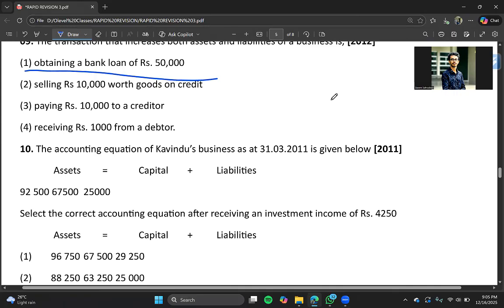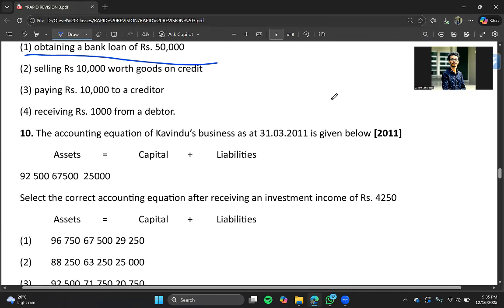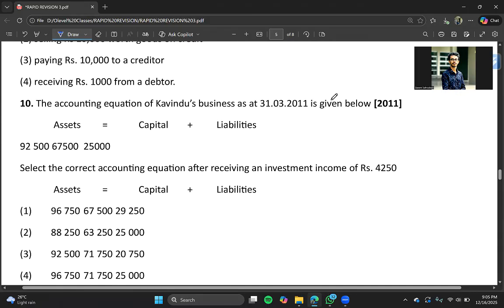The accounting equation of Kavindra's business as of 31st March is given below. Assets 92,500. So select the correct answer after receiving an investment income of 4,200.